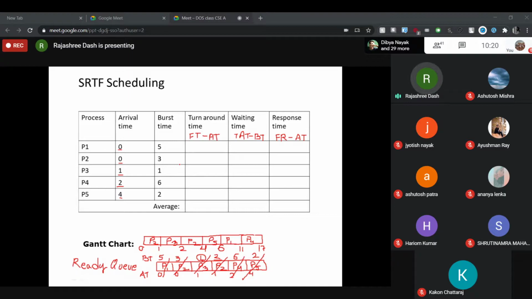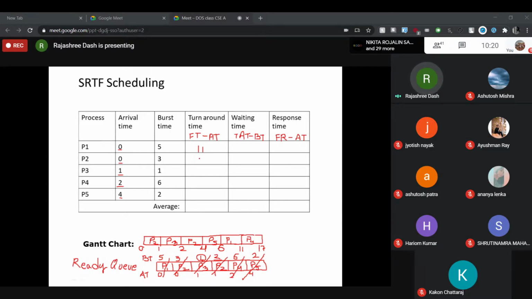Looking at the Gantt chart, what is the finish time for P1? 11. Arrival time is 0, so turnaround time is simply 11. For P2, what is the finish time? 4.